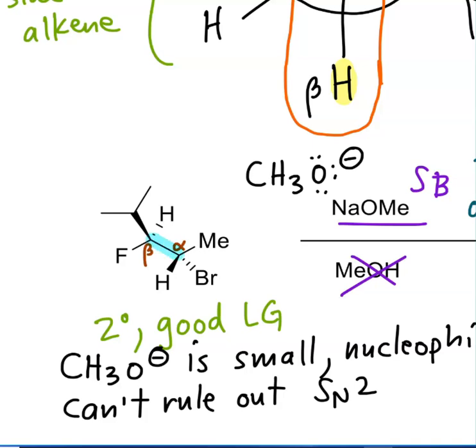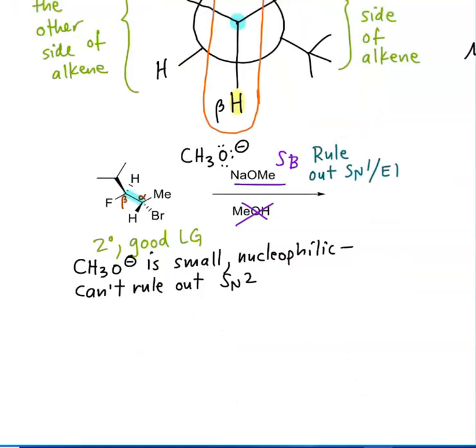Okay, so again, what you're going to do is look down the alpha-beta bond and draw a Newman projection of what you see. And it doesn't matter if you have the alpha carbon in front or the beta carbon in front. So this time, let's look this way.